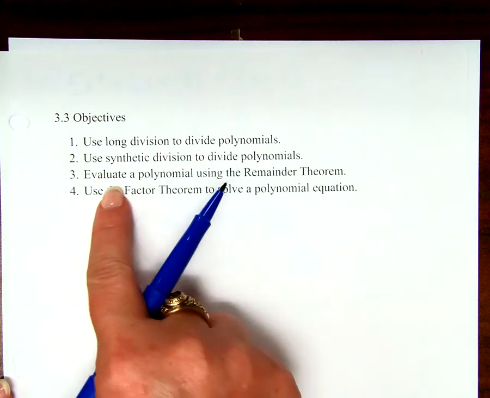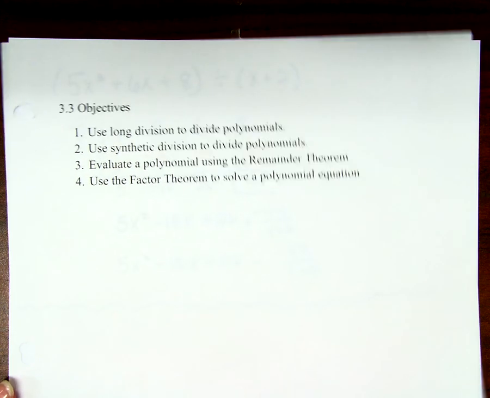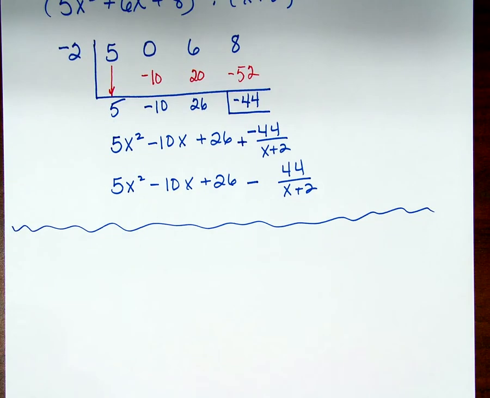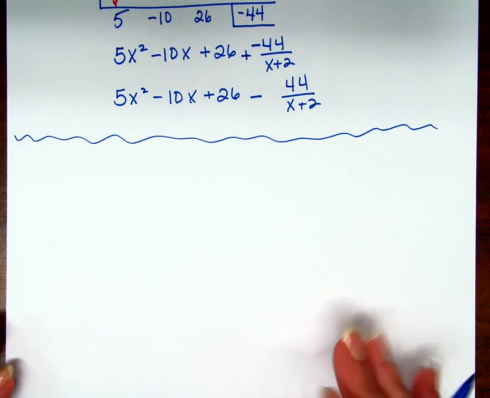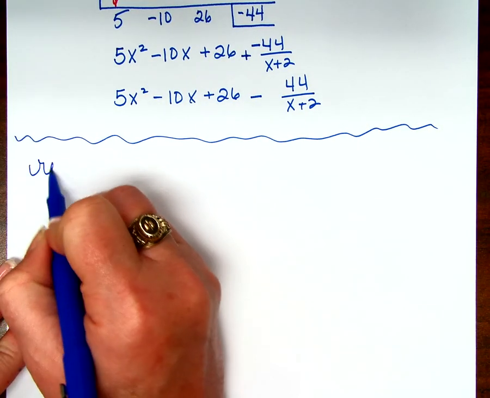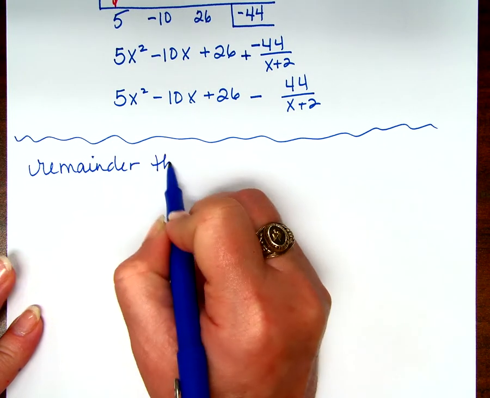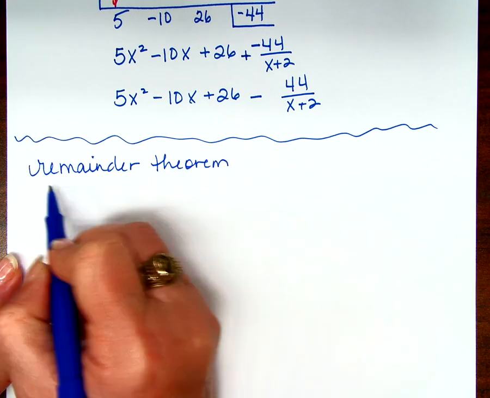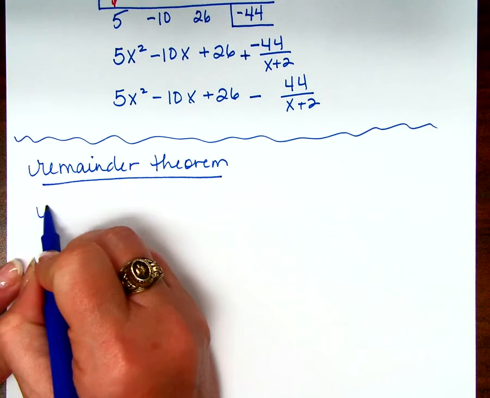Okay, so what's next is evaluate a polynomial using the remainder theorem. So you know the remainder theorem, you just don't know that you know the remainder theorem. Because we actually just talked about it, just without talking about the name because we weren't ready yet. Okay?